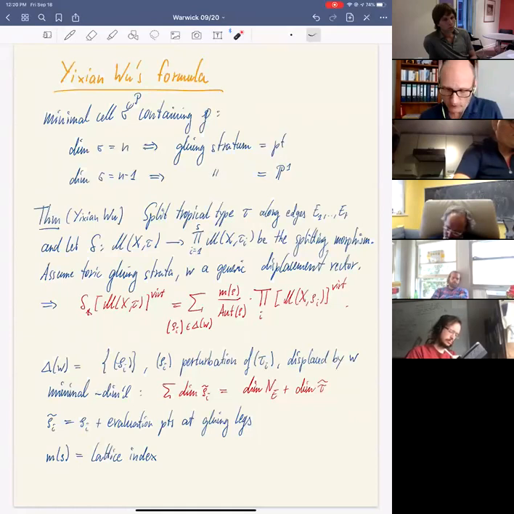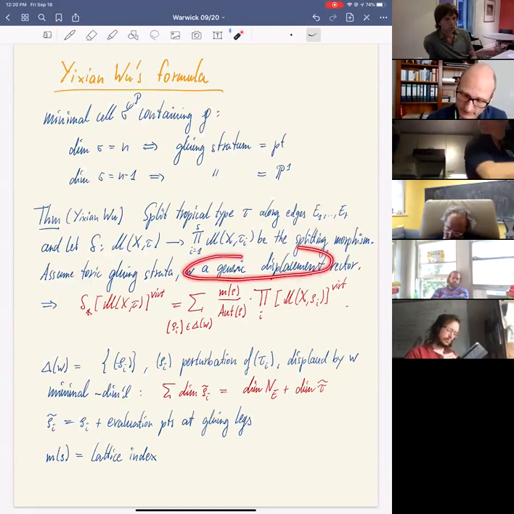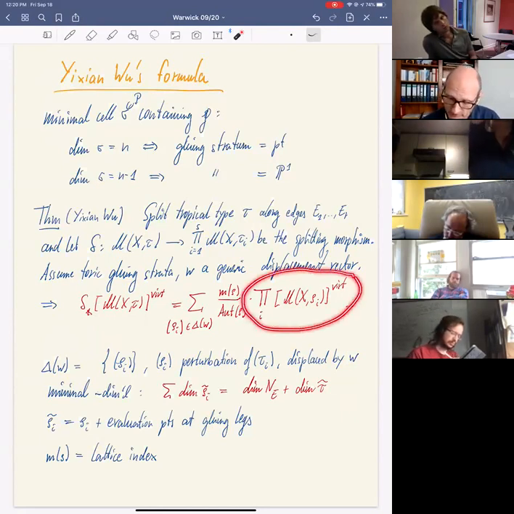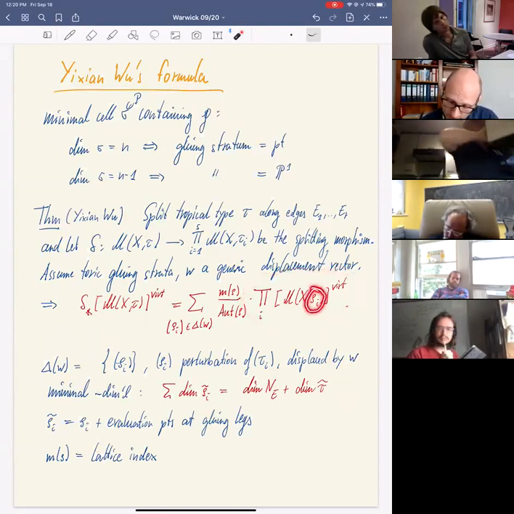And then I assume that all the gluing strata are toric, and I take a generic displacement vector to apply some version of the Fulton-Sturmfels formula for these Artin stacks. And then the formula looks like this. You can push forward your virtual fundamental class, and you get a sum of products of virtual fundamental classes, but not of tau i, but of rho i.